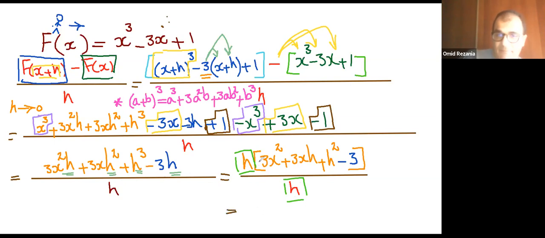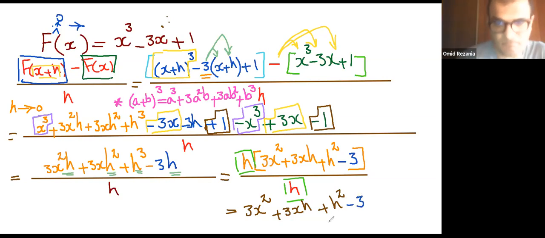I'm going to have 3x squared plus 3x h plus h squared. That's the thing which is left, minus 3. It seems that I have no choice except to go to the next page.